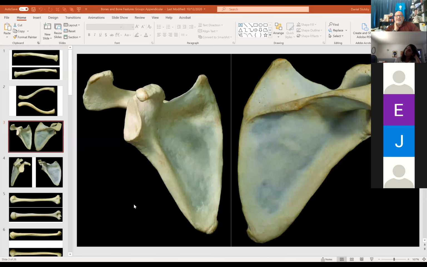Because, as we'll see, a ton of stuff attaches to the scapula. Is there likely to be a scapula on this lab exam? Absolutely. So I could have a scapula and I could have an arrow pointing here to the anterior medial border and ask you what muscle inserts into this bone feature, and what would your answer to that be?